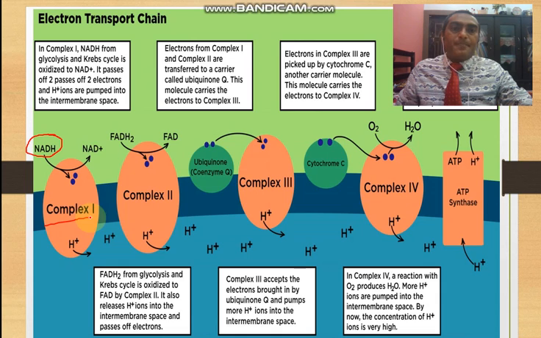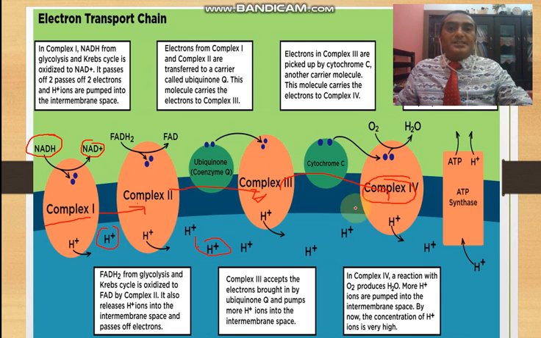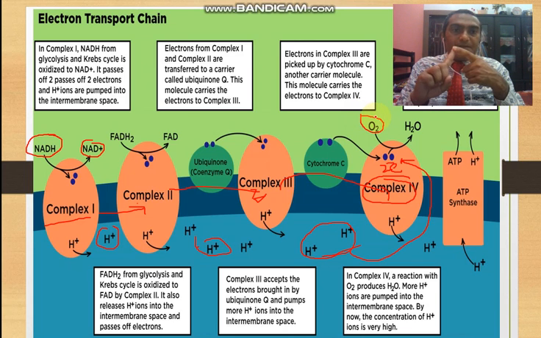This NADH is utilized in complex 1, and the hydrogen is released. The electrons and hydrogen ions move onward, and again toward cytochrome complex 4. In complex 4, 2 hydrogen ions are required, and electrons are present in free form, while oxygen is utilized from the atmosphere.